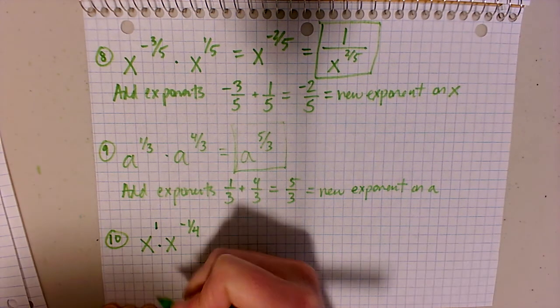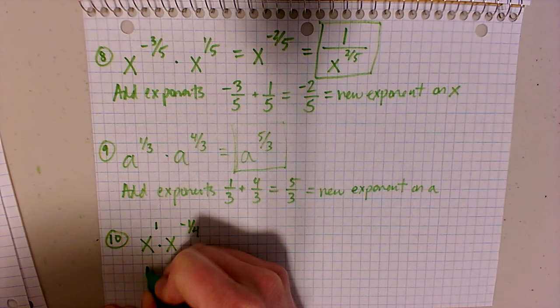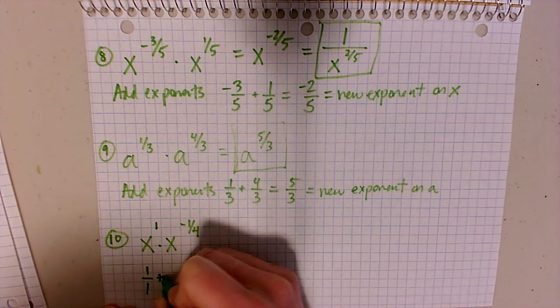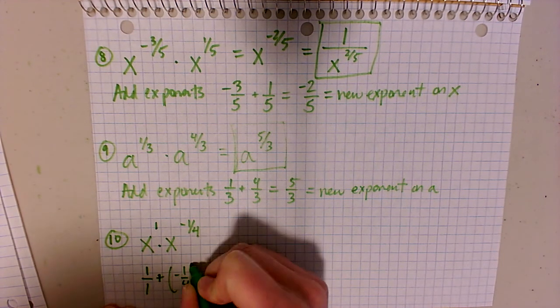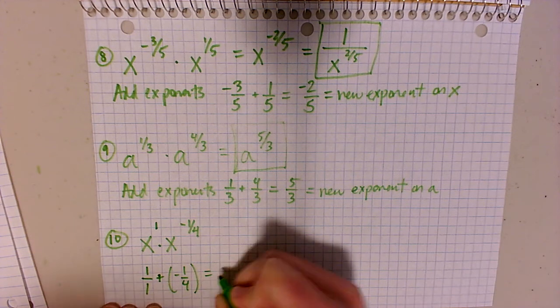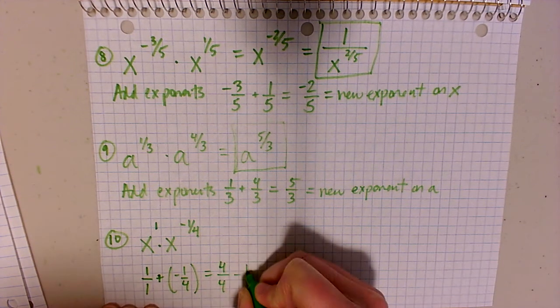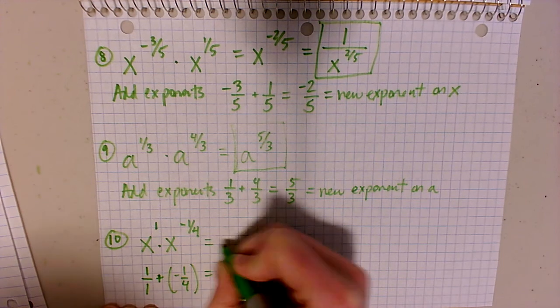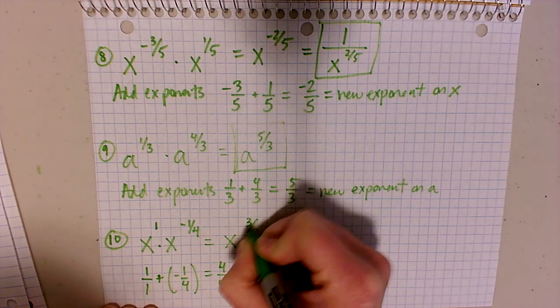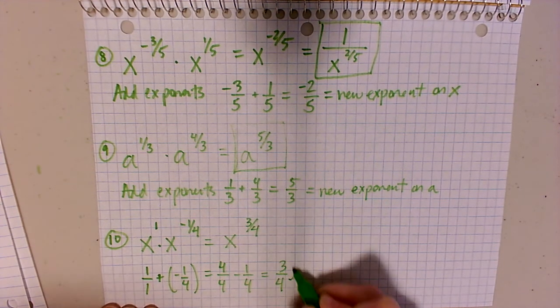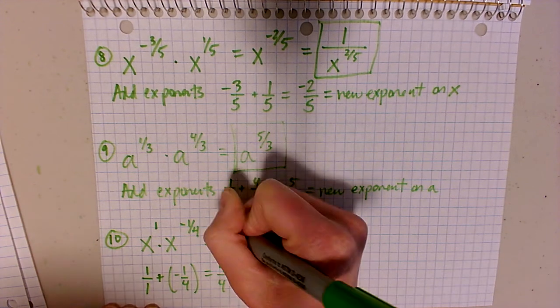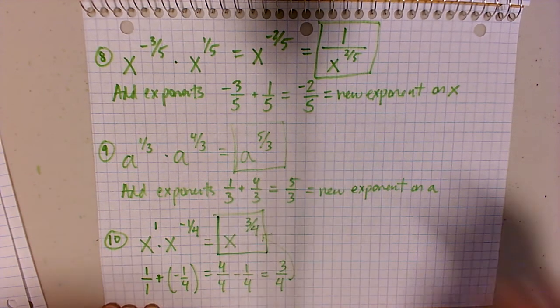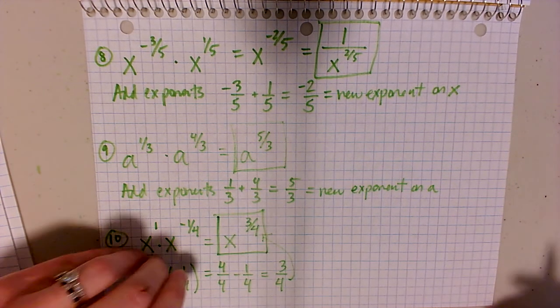So then in this case, if we add these exponents, we can do 1 plus a negative 1/4, which is going to be the same thing as 4 over 4 minus 1 over 4, which is 3 over 4. And that 3 over 4 becomes our new exponent on x, and so your answer is just x to the 3/4.